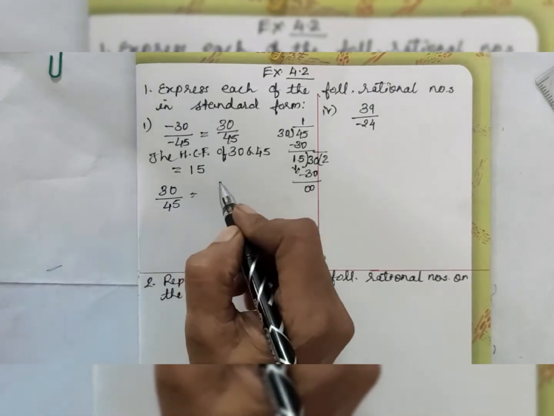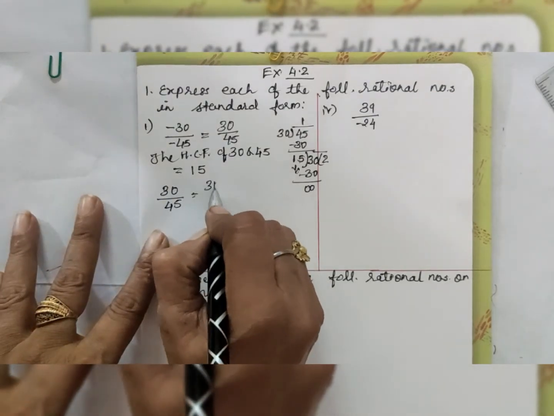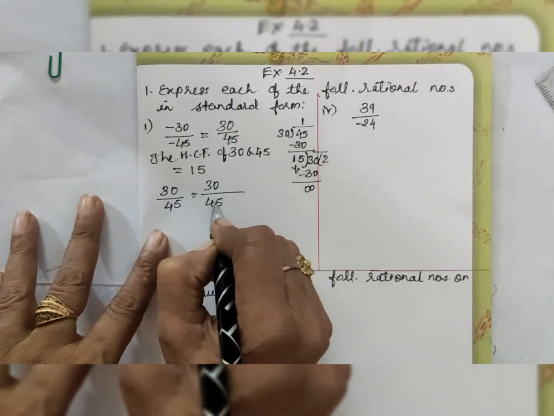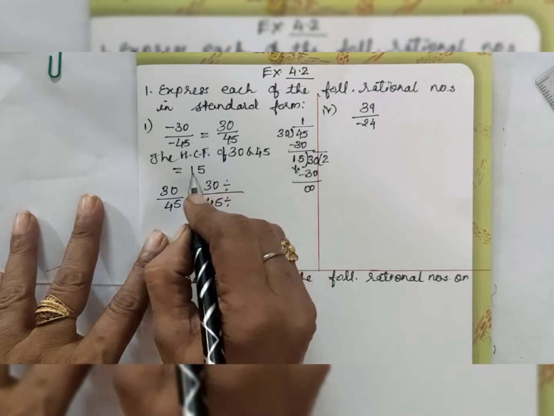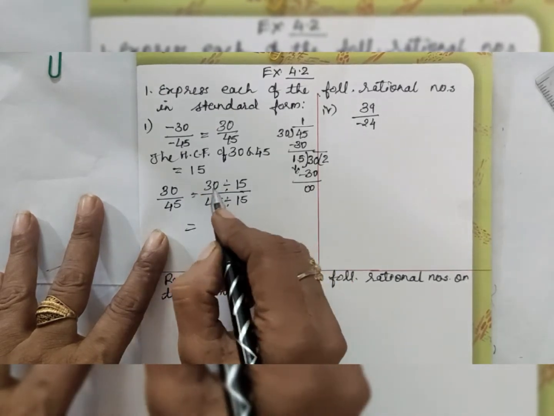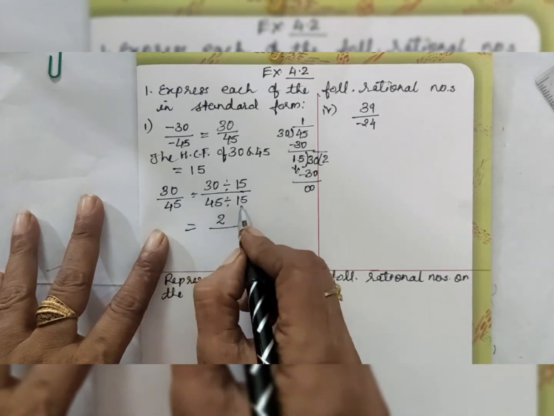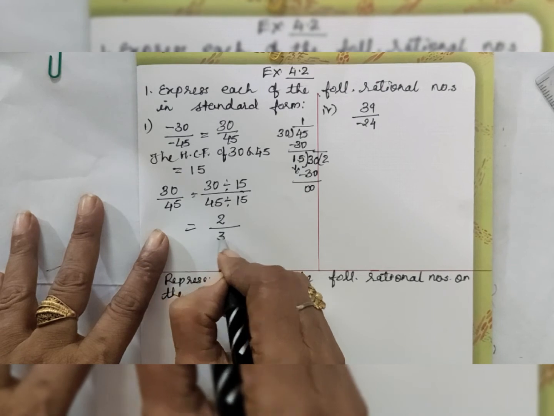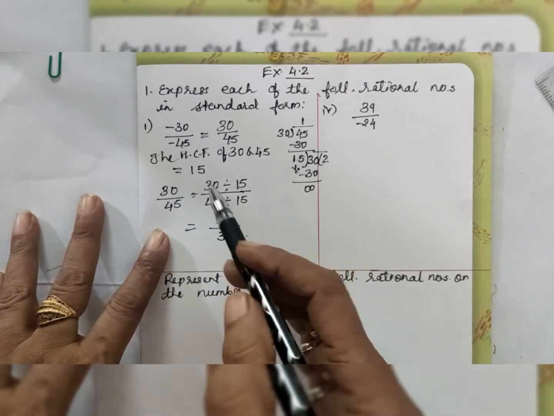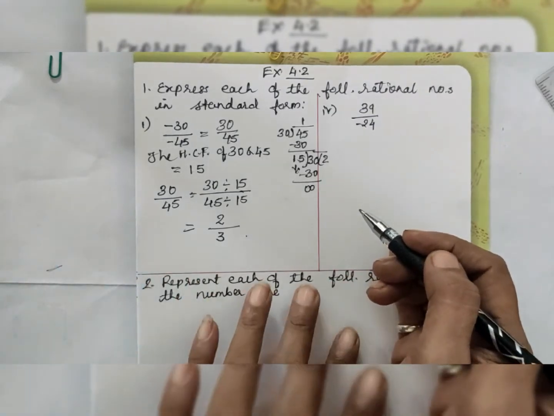First you write this 30 by 45 as it is, and then divide numerator and denominator by their HCF, 15. When you divide 30 by 15, you get 2. 45 divided by 15 is 3. So the standard form of the given rational number is 2 by 3.